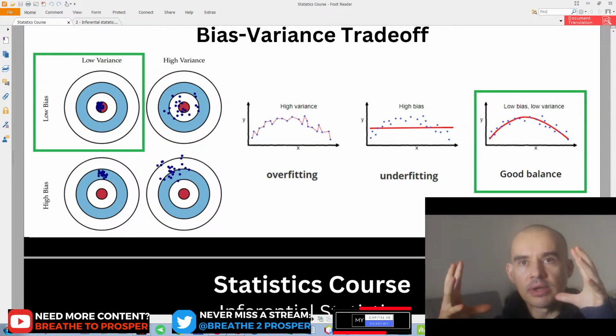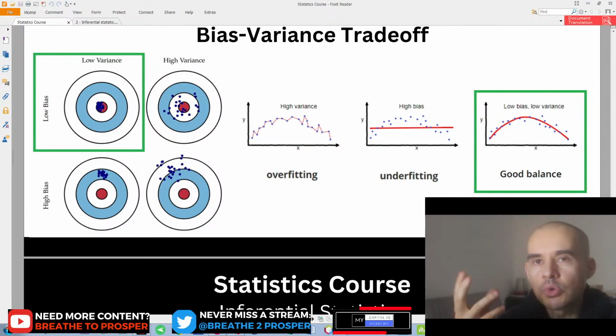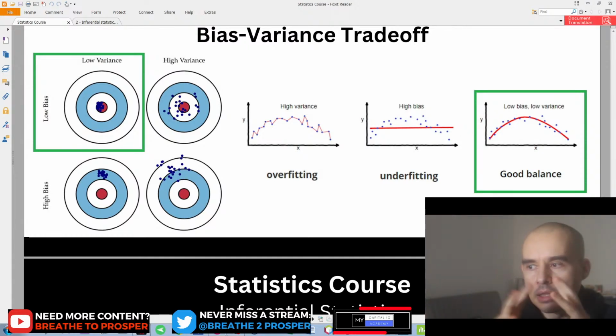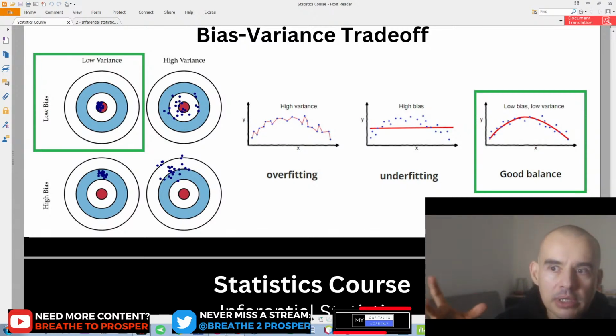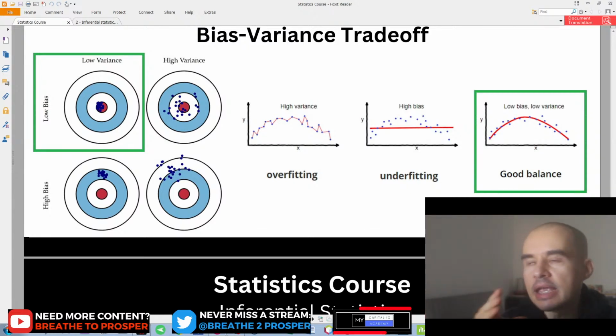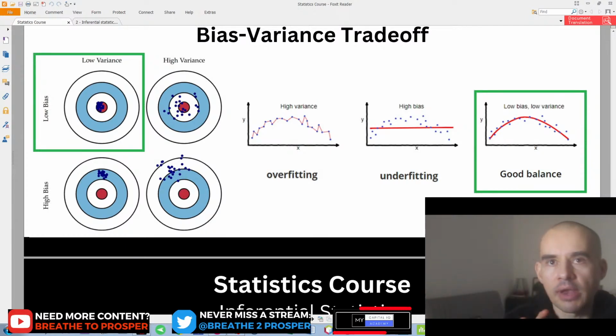You could be centered, but the data is very dispersed. So you want a balance between both, kind of centered and low variance. So you want low variance and low bias. This would be your ideal situation, but for the most part you'll have some bias and it will not be completely centered. But this is the key point about the bias-variance trade-off.